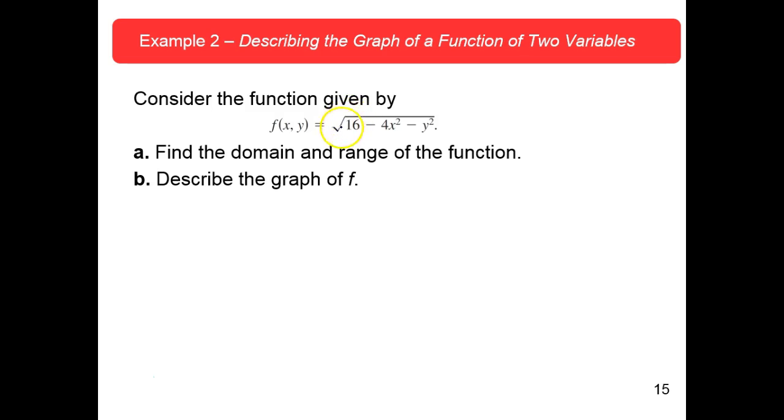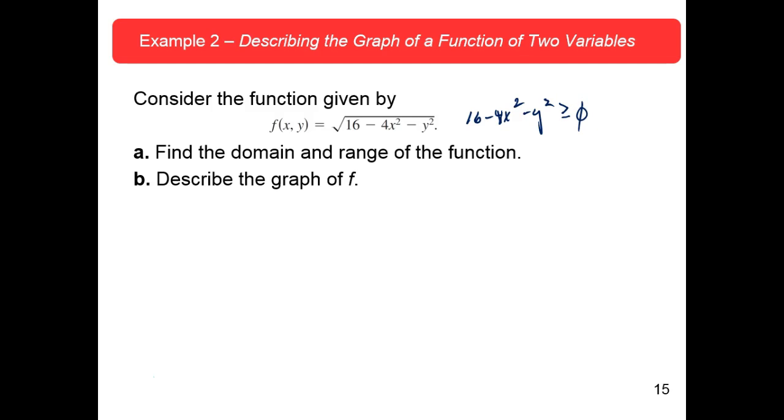What has to be true, the key here, is that square root symbol. What do we know about anything inside of a square root? It has to be non-negative. Said math-wise, 16 minus 4x squared minus y squared would have to be greater than or equal to 0, because you can't take the square root of a negative.